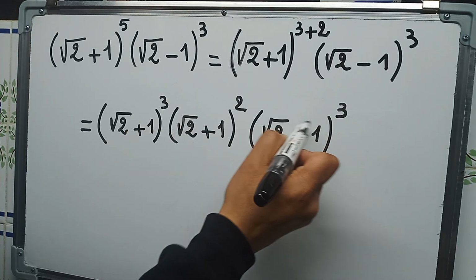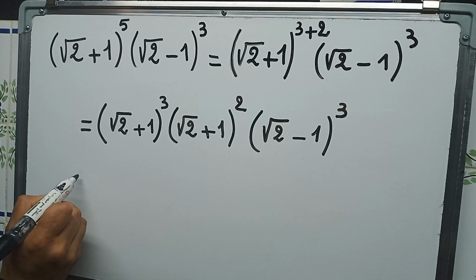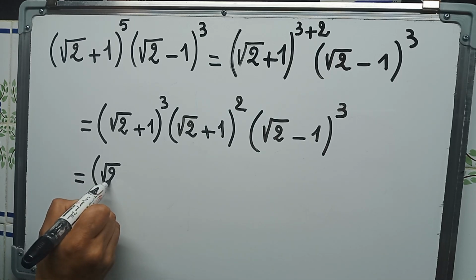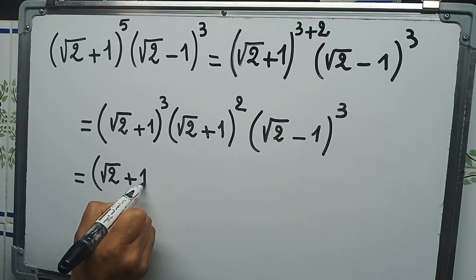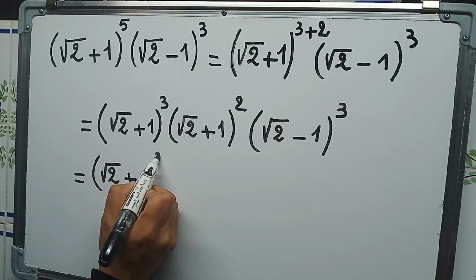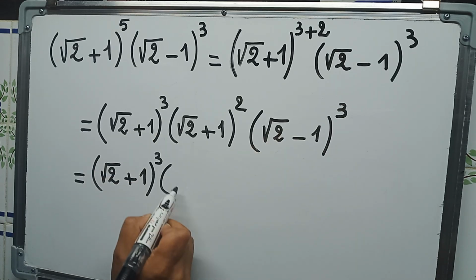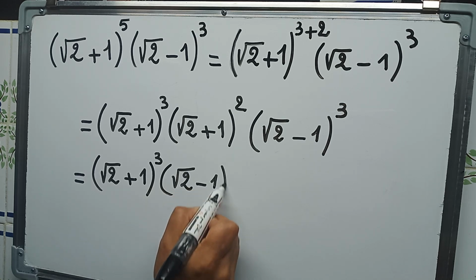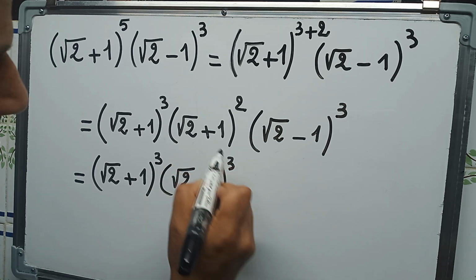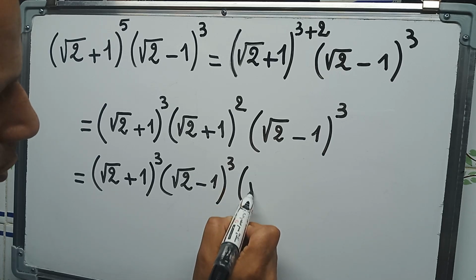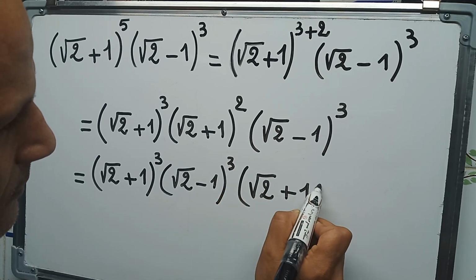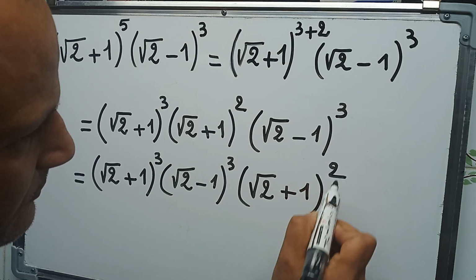Now we bring the cube nearer to the cube. We will have square root of 2 plus 1 cubed times square root of 2 minus 1 cubed times square root of 2 plus 1 squared.